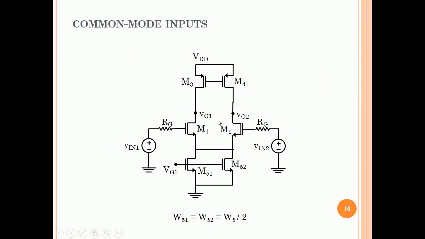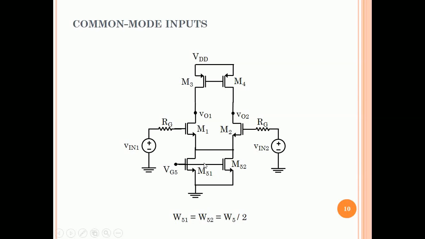What we do is we make the circuit completely symmetric by cutting, or I should not say cutting, dividing the tail transistor, which is usually M5, into two parallel transistors of width half of M5.